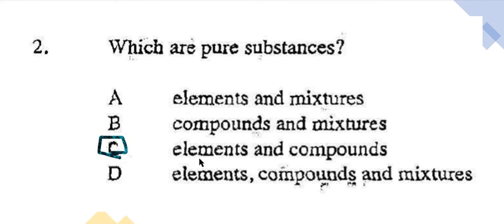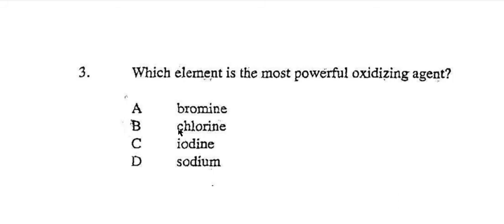Okay. So next question: which element is the most powerful oxidizing agent? Option A is bromine, option B chlorine, option C iodine, option D sodium.